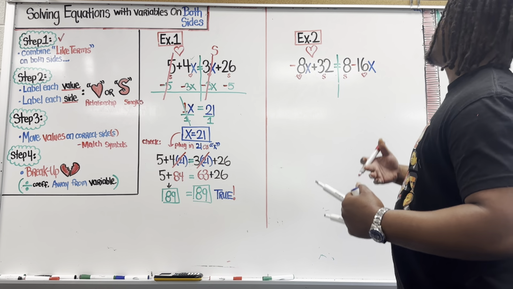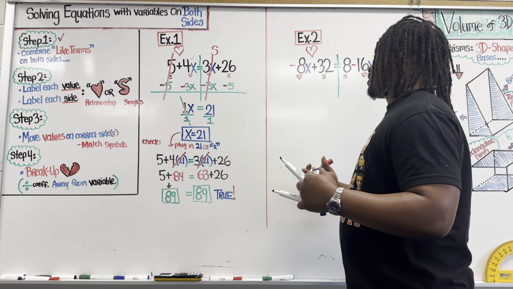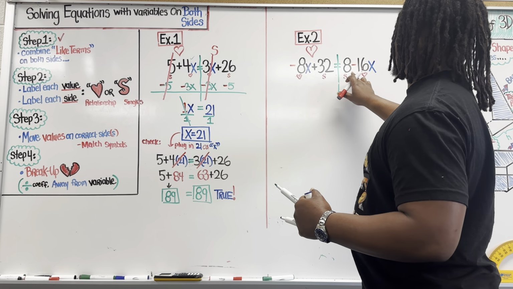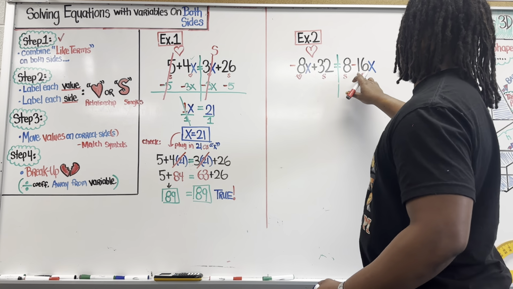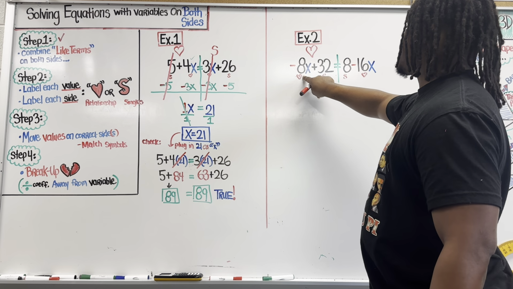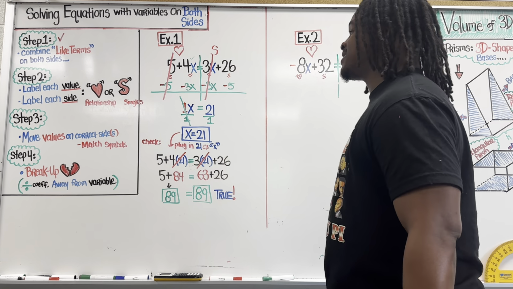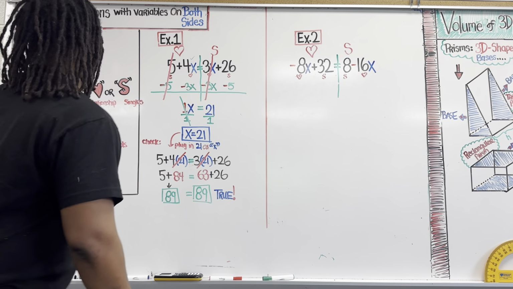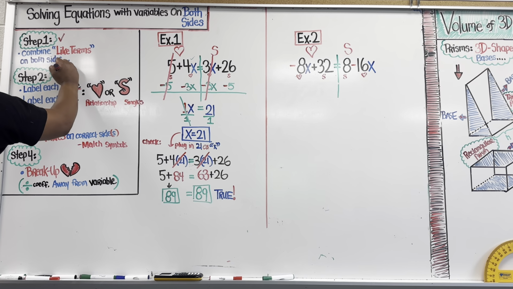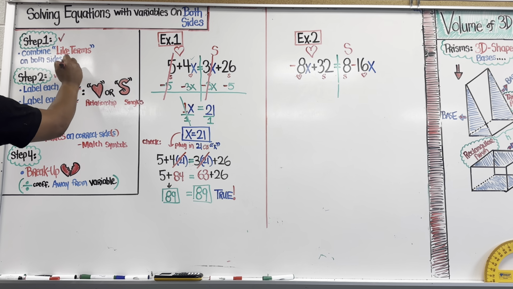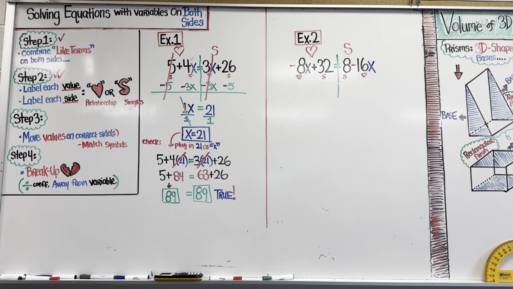But if you don't want to go through all those negatives and positives, just find the greater coefficient that x is in a relationship with. In this case, it's negative 8. The opposite side would be a big S for single. So we have completed step 2, which was label each value, and then label each side.